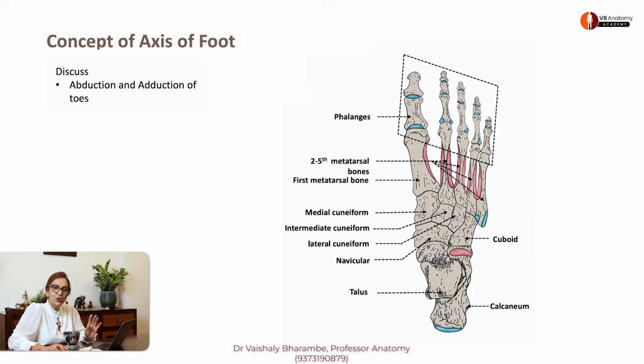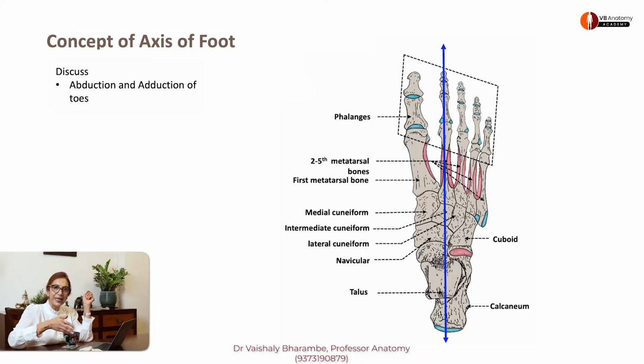I just want to show you the concept of the axis of the foot. Just imagine a line passing through your second toe and calcaneus, as shown here on the screen. This acts as the axis. Like the midline of your body is your body's axis, this is the axis of your foot.